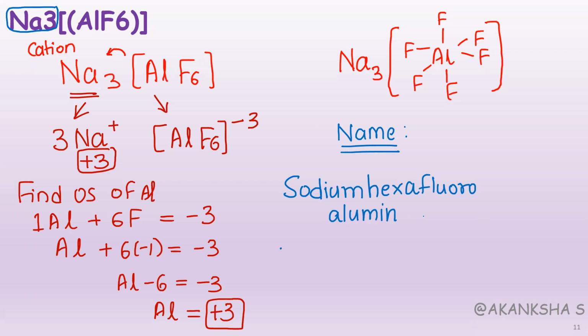Because minus 3 is the charge, we know it should be ate. So many people have this sweet little doubt whether we call it as aluminiumate or we call it as aluminate. We prefer the term aluminate.